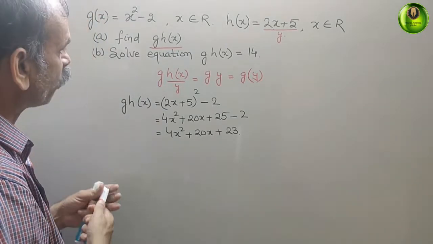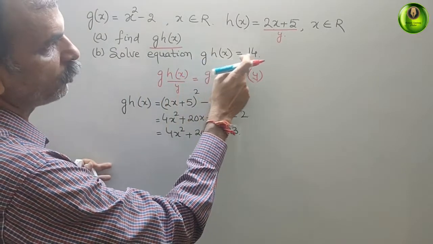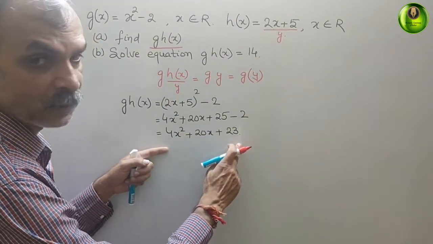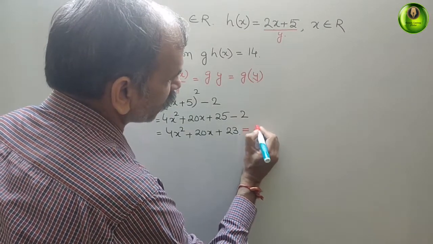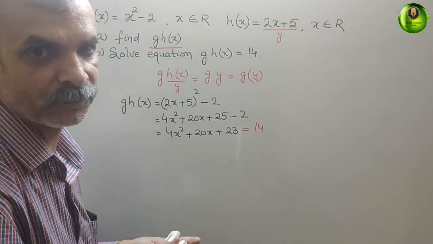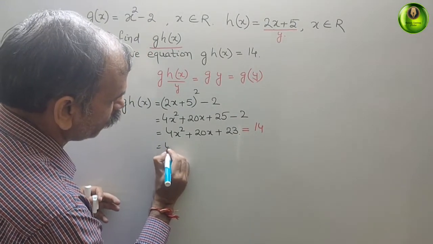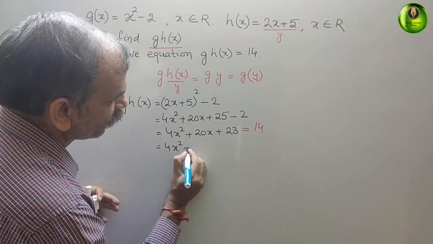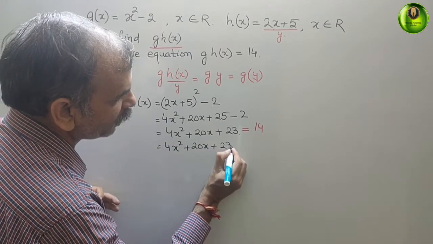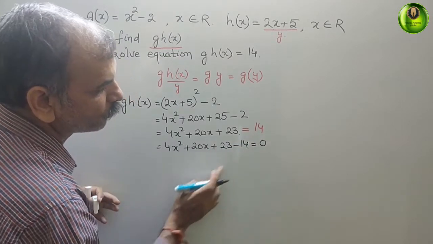Now the second thing they have told you: solve the equation gh(x) is equal to 40. That means this is your gh(x), that is equal to 40. Bring this 40 to this side. So here you will get 4x squared plus 20x plus 23 minus 40, that is equal to 0.